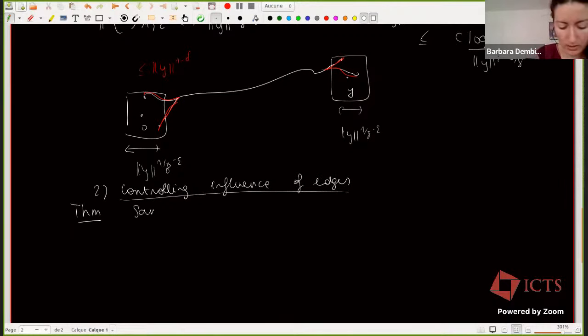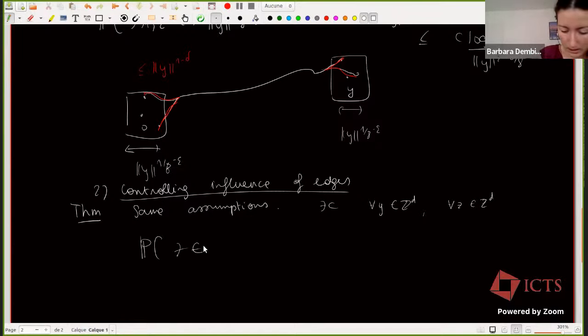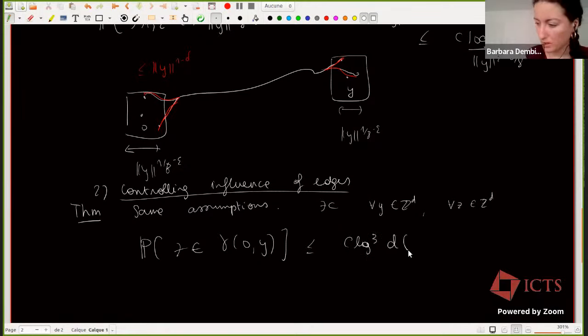Under the same assumptions, there exists C such that for all y in Z^d, the probability that z is in the geodesic from 0 to y decays polynomially fast. You still have this log. And this quantity is the distance from z to the endpoints.